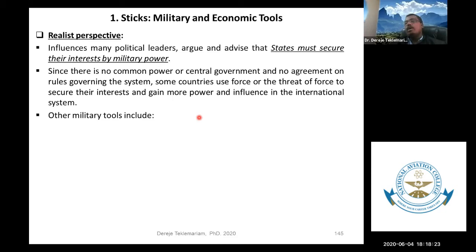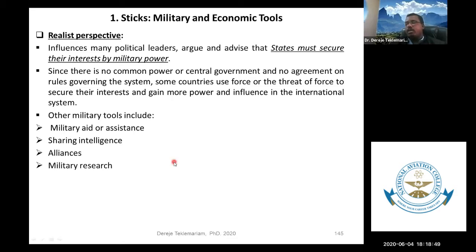Other military tools include military assistance or aid, even sharing intelligence capacity. If there is some danger, they can have an agreement on this so they can assist each other like sticks. They can also create alliances and support military research.